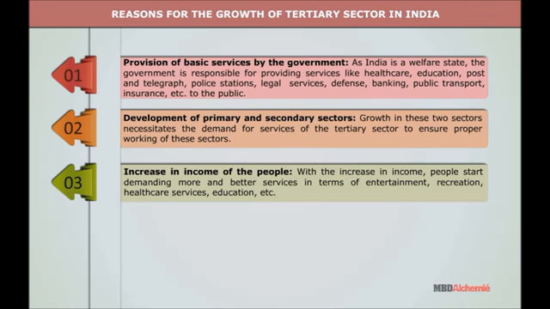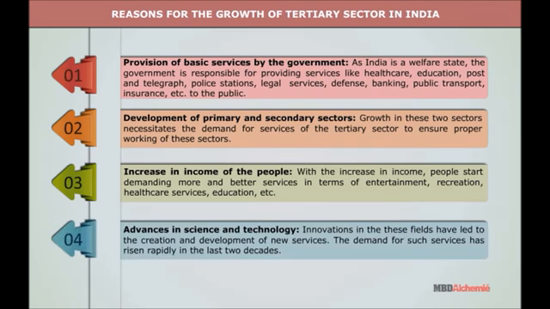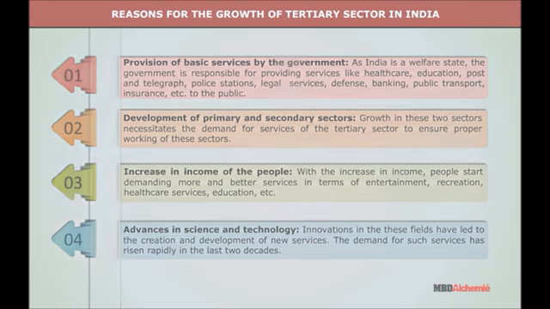With the increase in income, people start demanding more and better services in terms of entertainment, recreation, healthcare services, education, etc. Advances in science and technology. Innovations in these fields have led to the creation and development of new services. The demand for such services has risen rapidly in the last 2 decades.